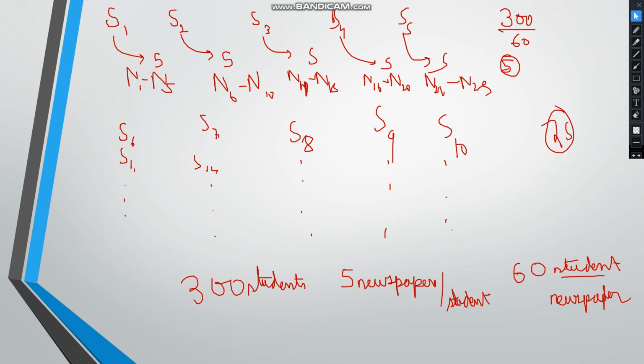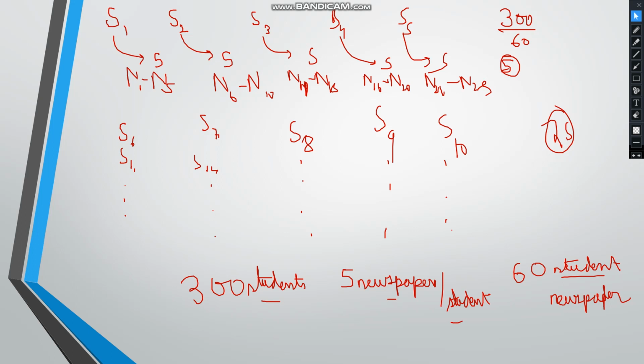Conceptually, let me think of it once. Here we can do one thing which is very trivial and very silly, but we can do this in so many circumstances. In physics, we do dimensional analysis. We can check the units in this question. This is students, this is newspaper per student, and this is student per newspaper.